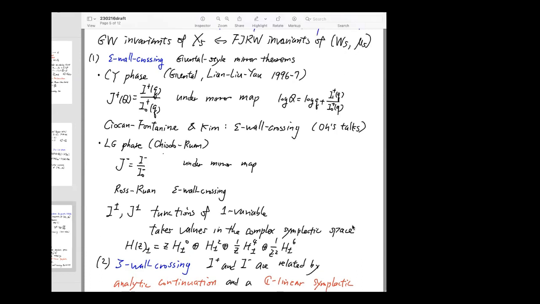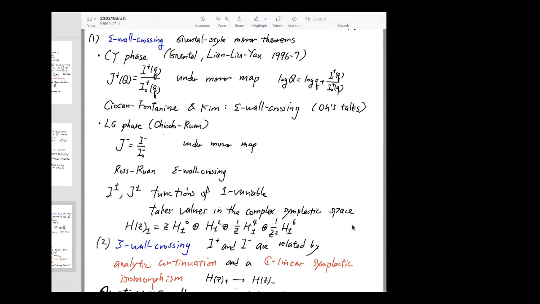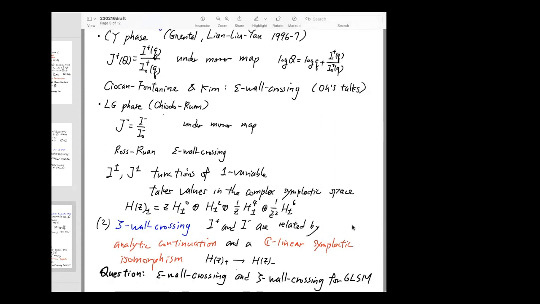The second step, zeta wall crossing, is to relate the I function in the Calabi-Yau phase and the I function in the Landau-Ginzburg phase. They are related by analytic continuation and a complex linear symplectic isomorphism of these two complex symplectic spaces.